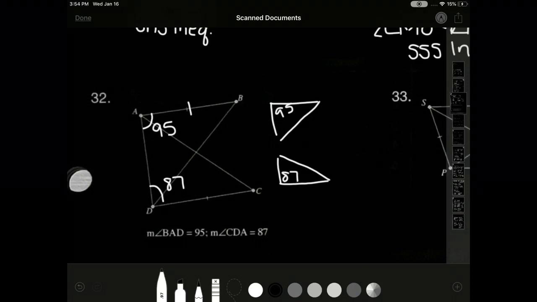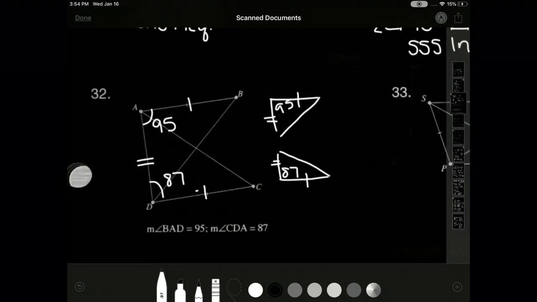You have congruent tick marks here, which means they're up here. And these pieces here are going to split, right? So that one piece splits into two to form this side of our triangle here and this side of our triangle here. So now opposite 95 is actually side BD.